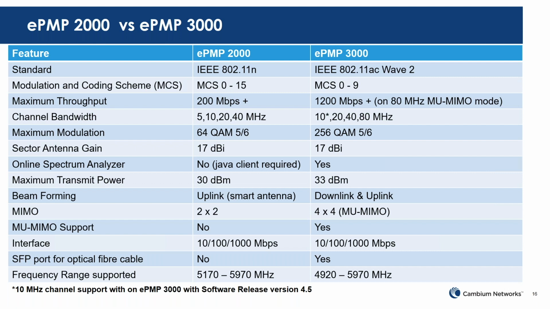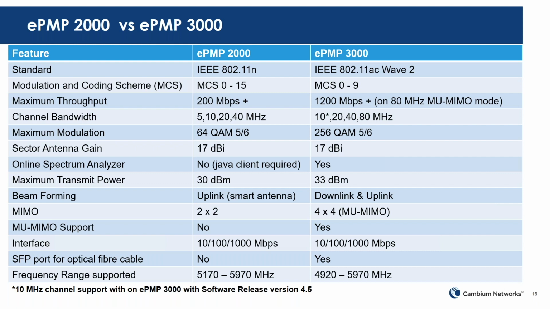In terms of standard, the ePMP 2000 is an 11N standard, whereas the ePMP 3000 is an 11AC product. In terms of modulation, the IEEE standard specifies a modulation and coding scheme called MCS, numbered from 0 to 15 for 11N or ePMP 2000, and 0 to 9 for ePMP 3000.